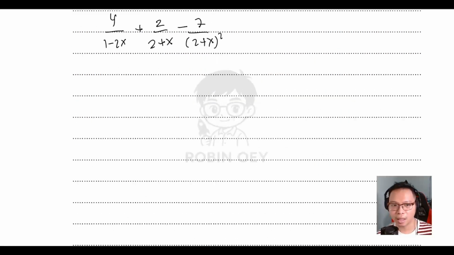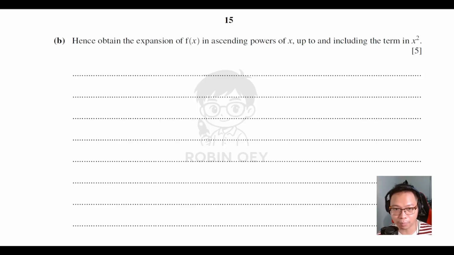Now for the second part, part B, obtain the expansion in ascending powers of x up to and including the term x squared. Let me rewrite that first.